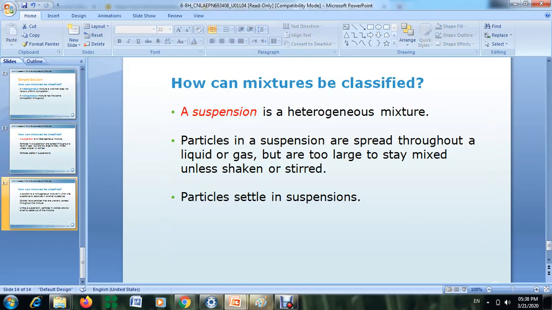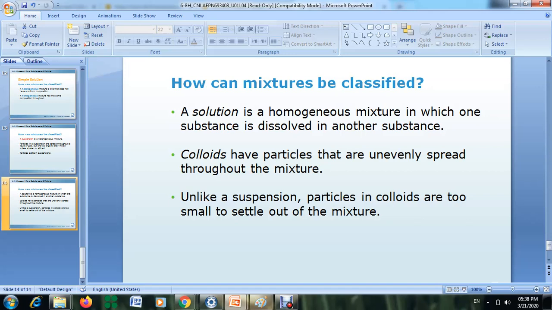Okay, what about the second thing? The solution. It's what our lesson is about. Is the solution heterogeneous or homogeneous? It's homogeneous. Why is it homogeneous? It's homogeneous because, for example, if you have salt and you put it in water, you can't see the particles of the salt after you dissolve the salt in water.